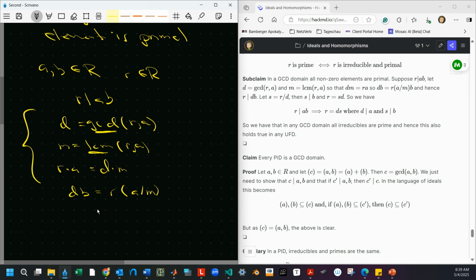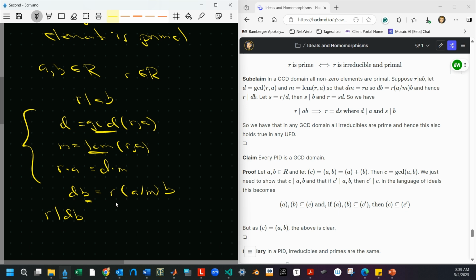So the B is there. I'm just getting D. D is equal to R times A divided by M, and we know this is an integer because we have this relation there, right? Okay, and so then we have that R divides DB.